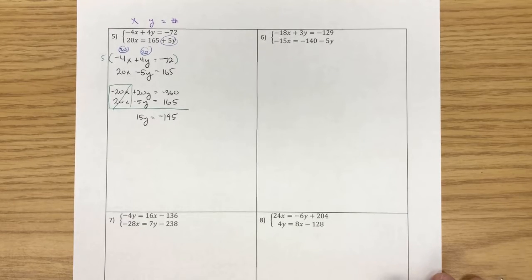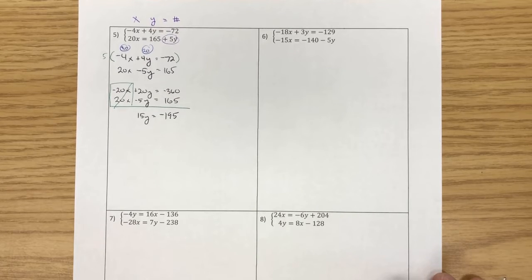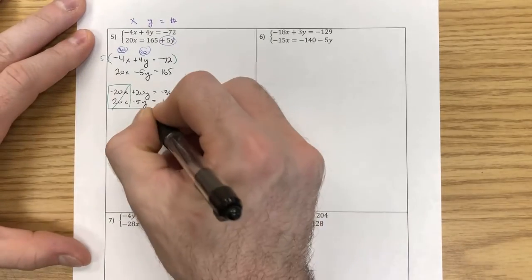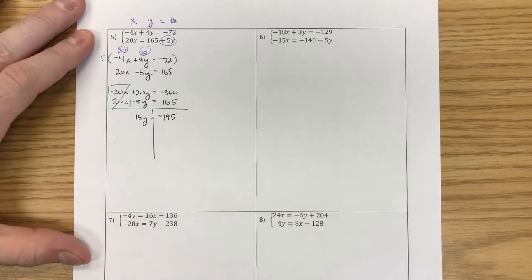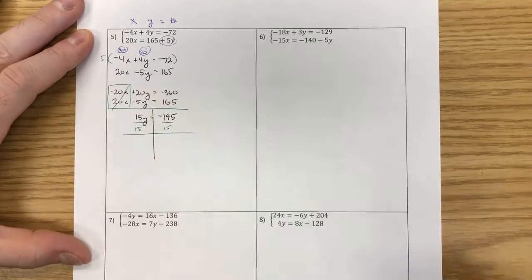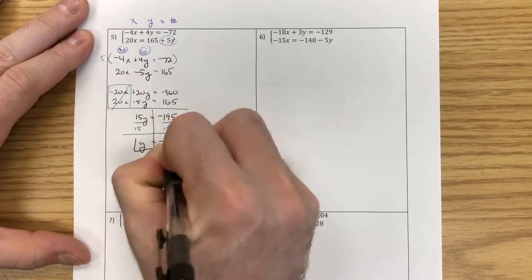Let's see, 360 minus 165. Yes, negative 195. And then we're going to take that and we're going to divide it by 15, which is going to be 13. So y is equal to negative 13.